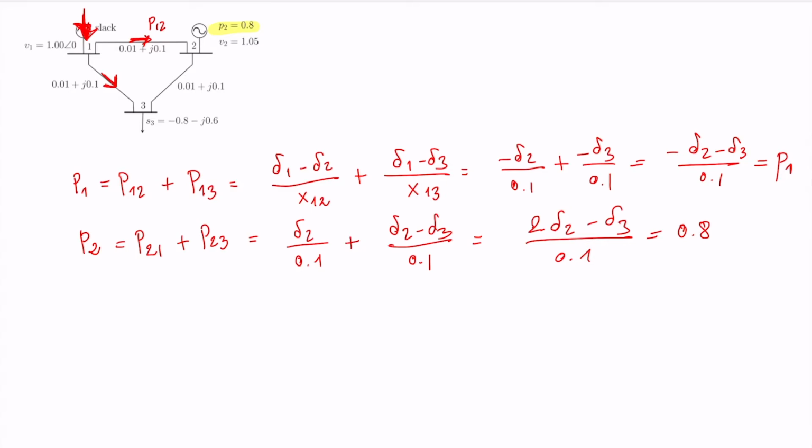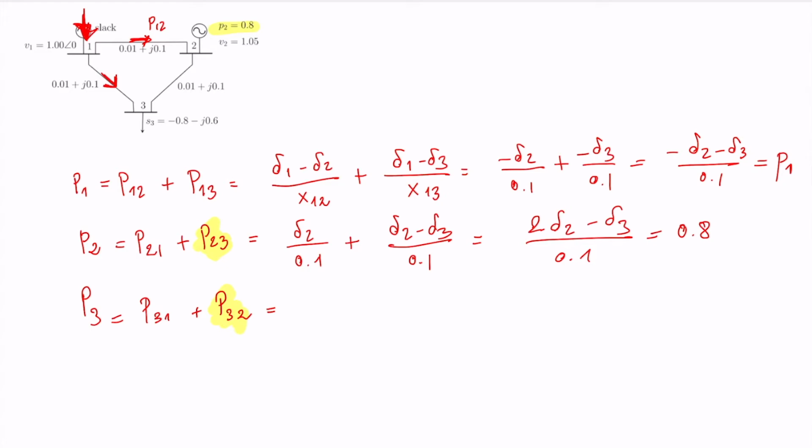And I have another equation for node 3. In this case, the power that goes from 3 to 1 plus the power that goes from 3 to 2. So you can imagine I'm writing the power that goes from 2 to 3 and the power that goes from 3 to 2. They should have different sign.